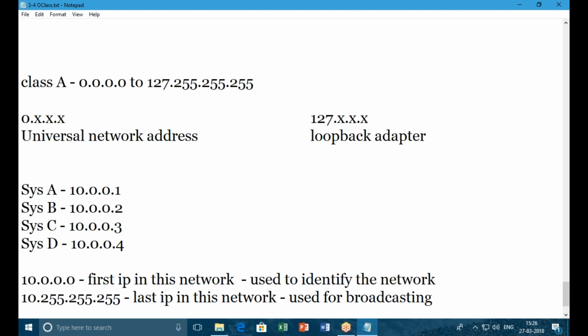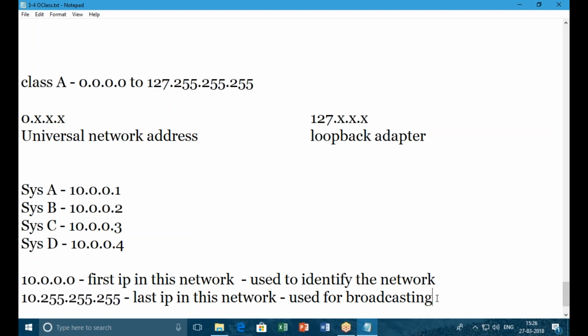Yesterday we discussed the difference between hub and switch. The devices are connected to a hub or switch. Now this hub or switch will identify the network of the devices based on their starting IP addresses. And if it has to broadcast any data, it will use that network's last IP address as the broadcast address, to broadcast any packet in that network.